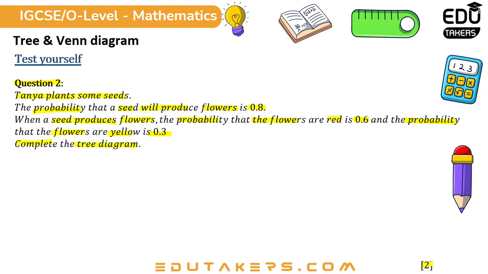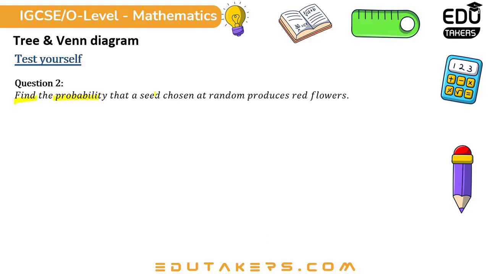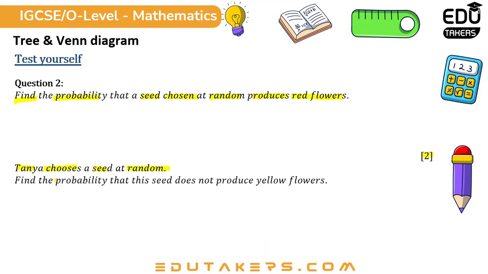It's a 2 mark question. Find the probability that a seed chosen at random produces red flowers. It's a 2 mark question. Tanya chooses a seed at random. Find the probability that this seed does not produce yellow flowers. It's a 3 mark question.